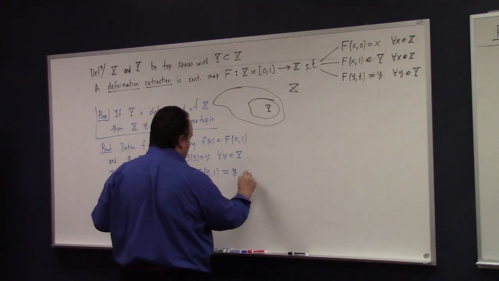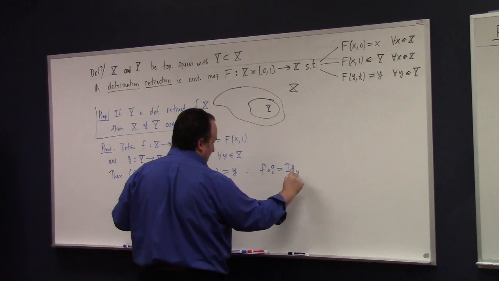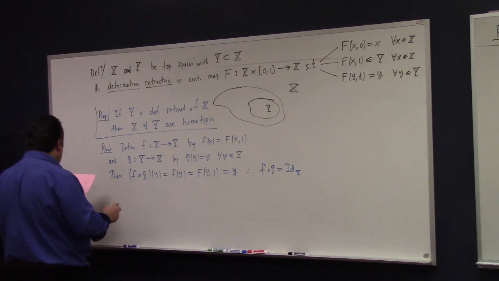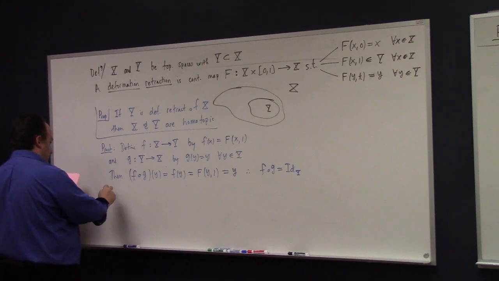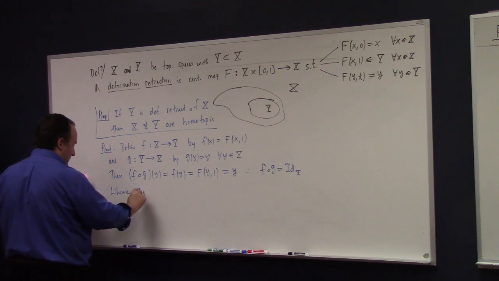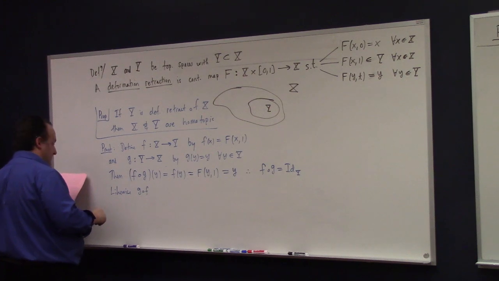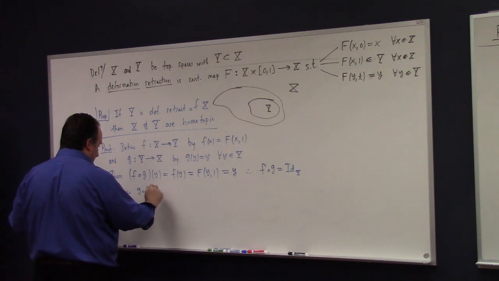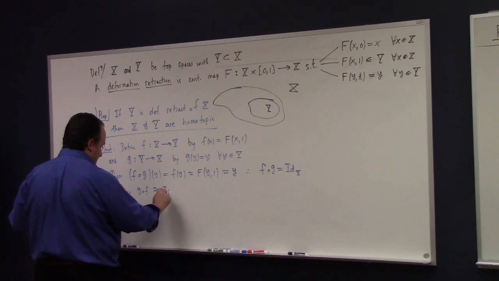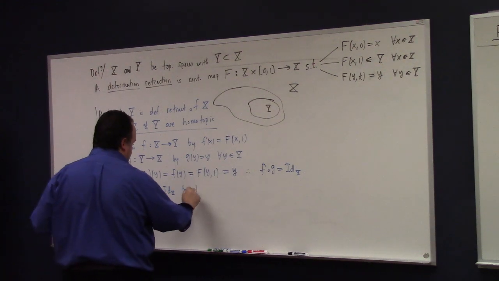So f composed with g is literally the identity on Y. And then he argues that likewise g composed with f is homotopic to the identity. Let's say this is homotopic to the identity on X by the retraction.